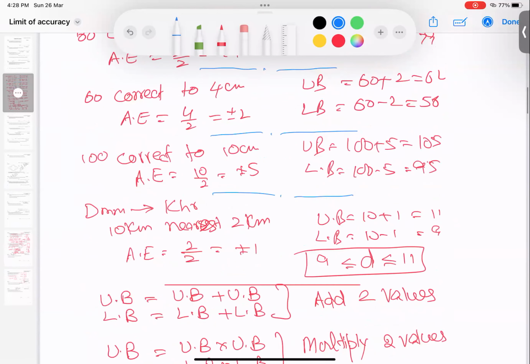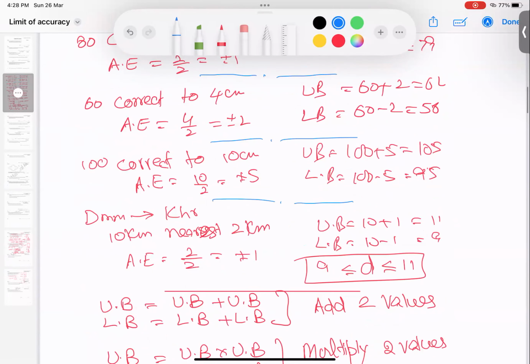Now I give you an easy example to understand. Say the Dammam to Khobar distance is 10 kilometers. Often you travel from Dammam to Khobar. This distance is 10 kilometers, to the nearest 2 kilometers. Like you ask your friend how much distance is between Dammam and Khobar? He will say 10 kilometers, but I'm not sure. So assume 2 kilometers correction, or nearest 2 kilometers. You know what he's saying technically?